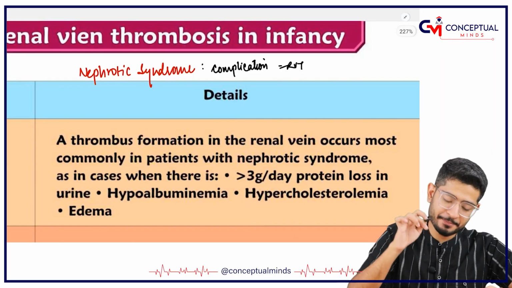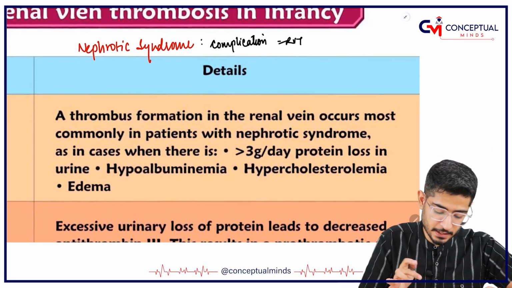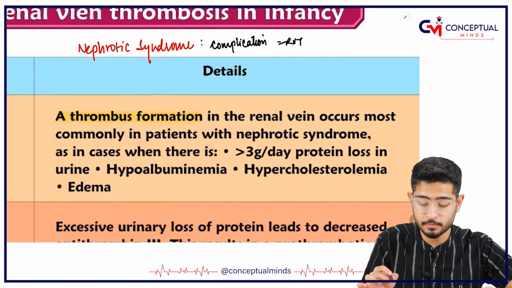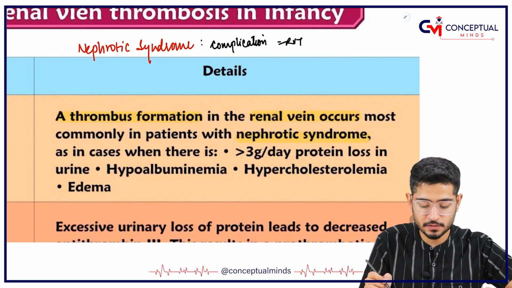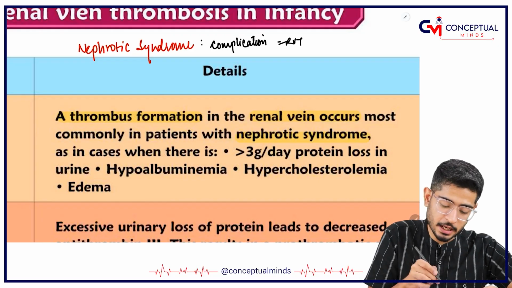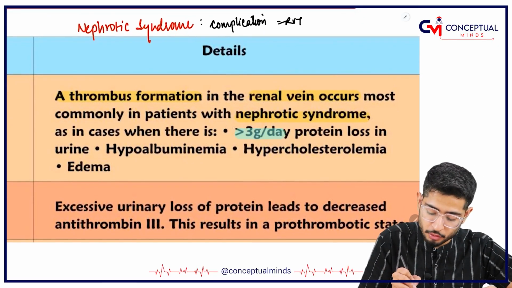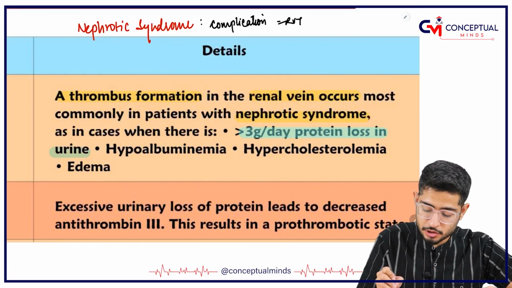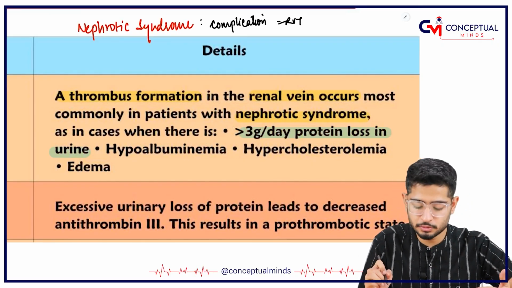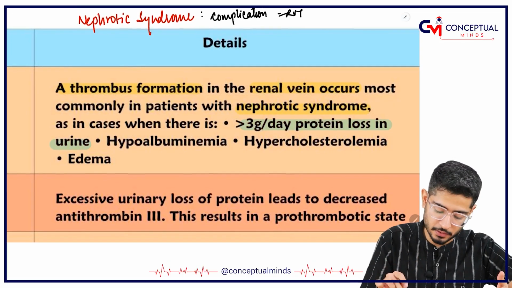What happens in renal vein thrombosis is that a thrombus forms in the renal vein, most commonly in association with nephrotic syndrome. This occurs when there is more than 3 grams per day of protein loss in the urine. Nephrotic syndrome is related to this loss of more than 3 grams per day.